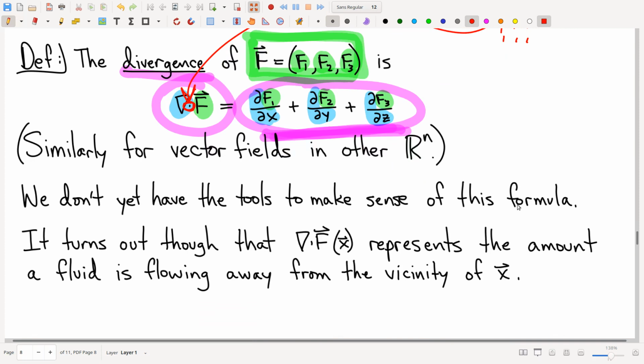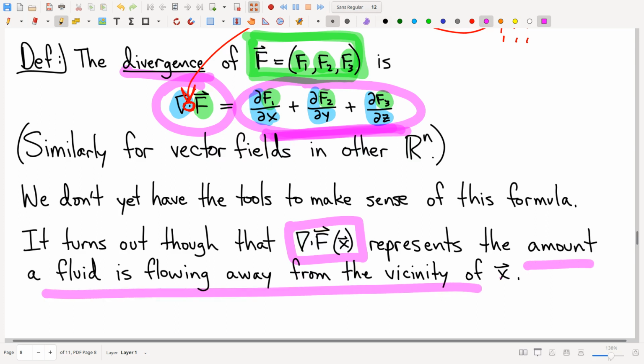So what does it mean physically? What does this look like geometrically? Here's where I'm going to have to do some hand waving, and we're going to justify this later. Loosely speaking, I'm going to say this thing called divergence represents how much the fluid is flowing generally outward, away from wherever you are evaluating it.